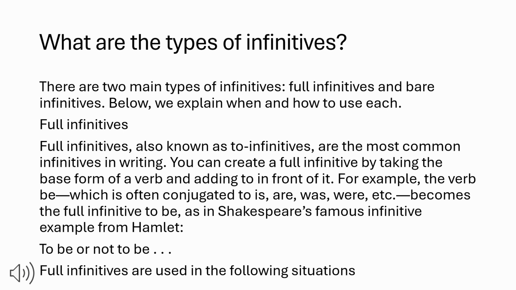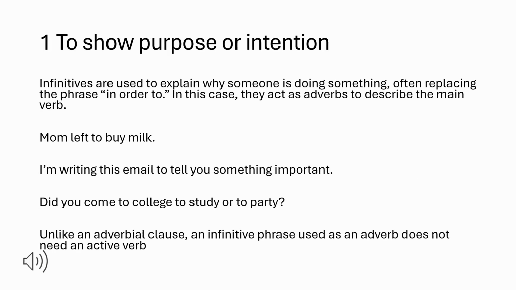You can create a full infinitive by taking the base form of a verb and adding to. For example, the verb be, which is often conjugated to is, are, was, were, etc., becomes the full infinitive to be, as in Shakespeare's famous example from Hamlet: To be or not to be. Full infinitives are used in the following situations.